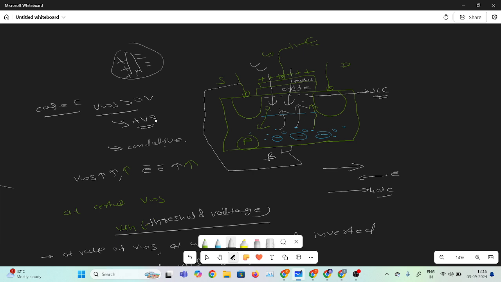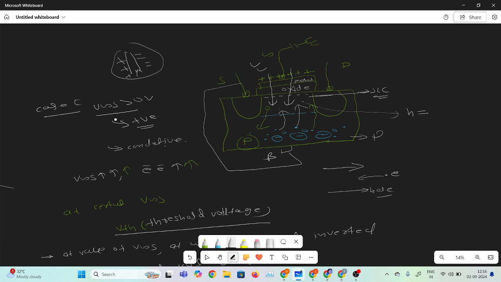So if we apply more positive voltage, increasing VGS, at a certain voltage the channel has inverted and a sufficient number of electrons come to the channel, and this electron concentration is equal to the majority charge carrier concentration in the bulk of the substrate. In the p type semiconductor, the majority carriers are holes.